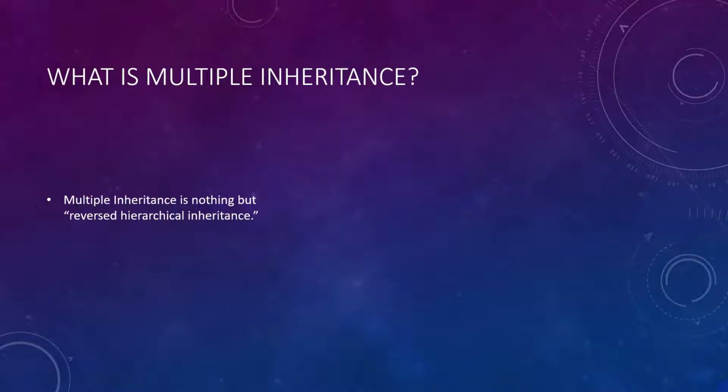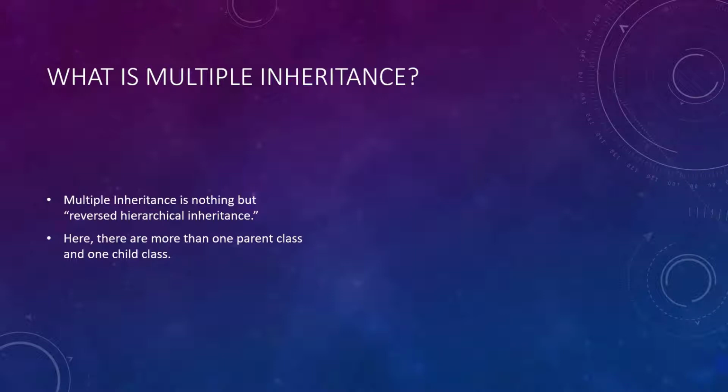If you have observed my video about hierarchical inheritance, you have seen that there is one parent class and several child classes, or one base class and several subclasses. In this case, there are more than one parent class and one child class. So one class will inherit objects from different parent classes in the case of multiple inheritance.